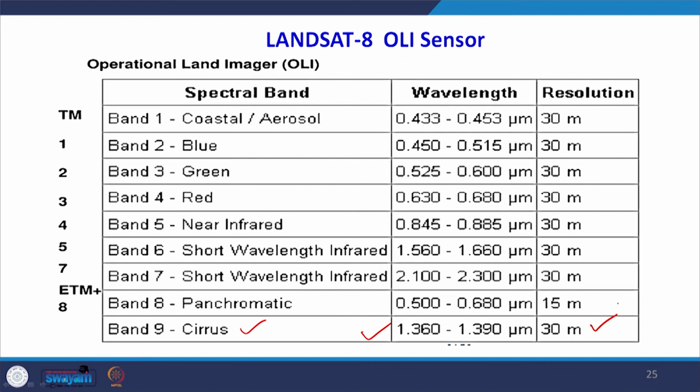What was the advantage of these bands? A particular wavelength region is more useful for vegetation, another is more useful for soil, the third one is more useful for vegetation cover, and the fourth is more useful for the coastal area. So, each specific band has a utility to it. These 9 images were obtained from the OLI sensor.